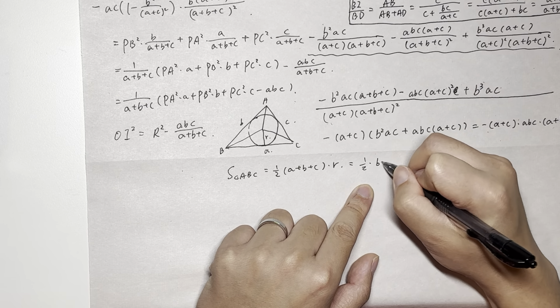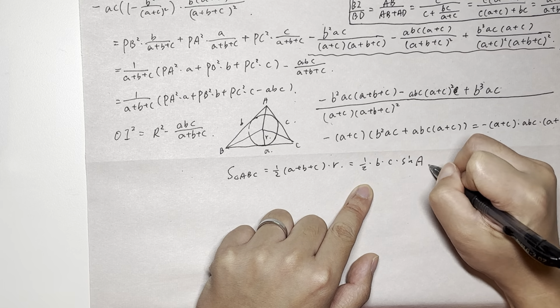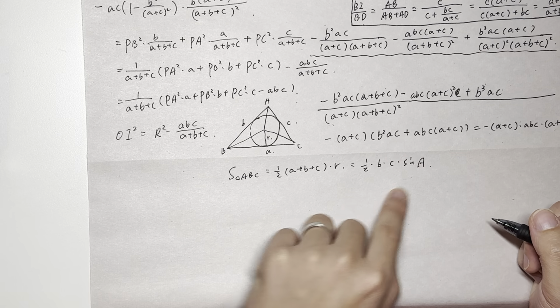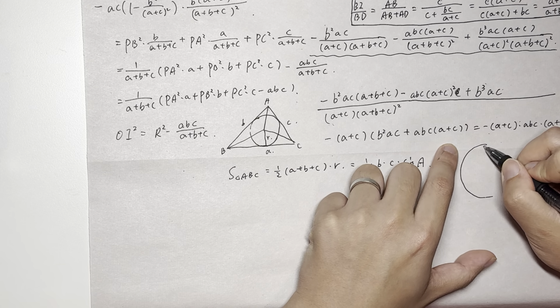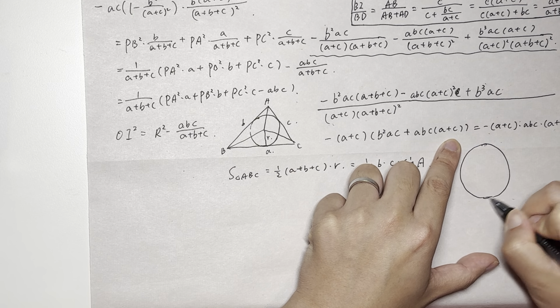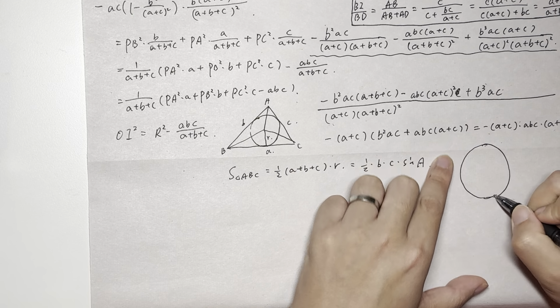That is b times c times sine A, right? And what is sine A? This is O, this is A, B, C. This angle equals to this angle, right?